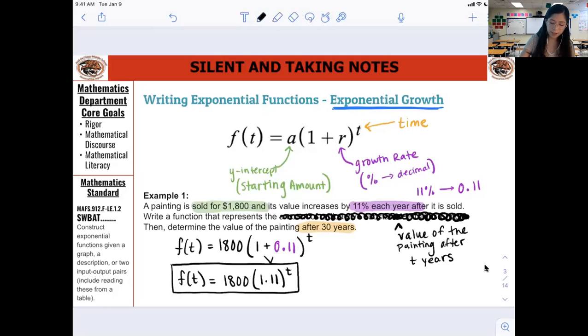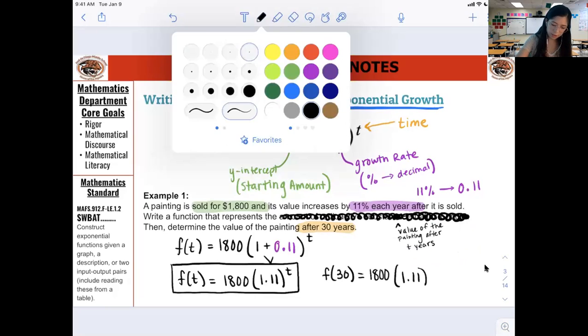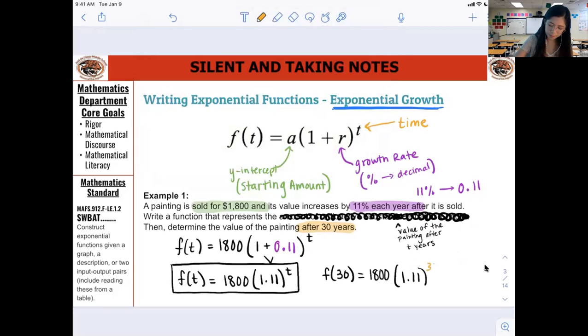So I can evaluate this function by plugging in 30. I'm finding f of 30. Let me make this a little bit smaller because it is in my way. There we go. So 1800 parentheses 1.11 to the power of 30.